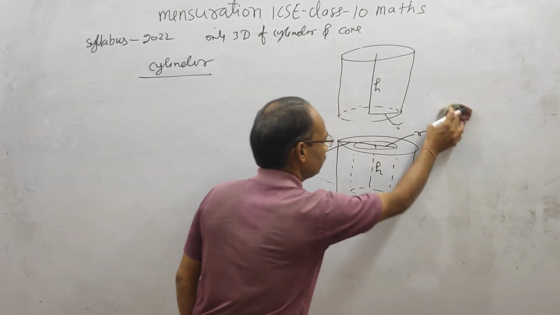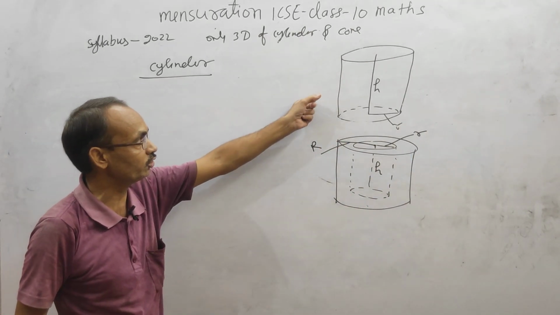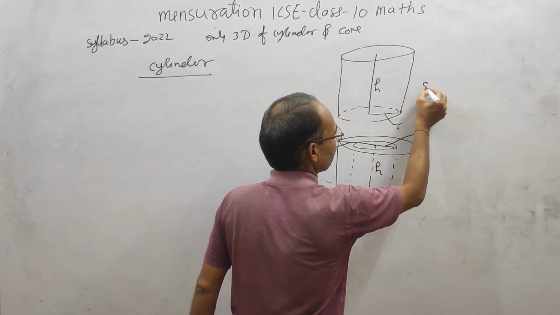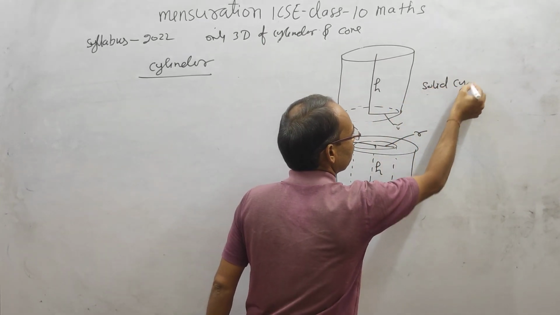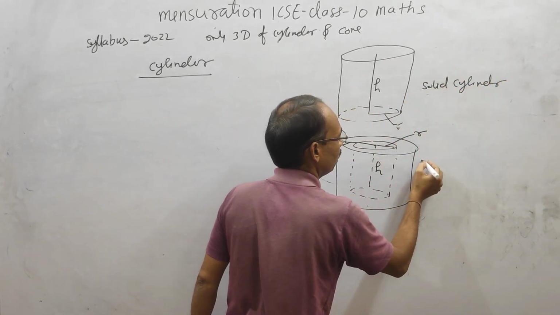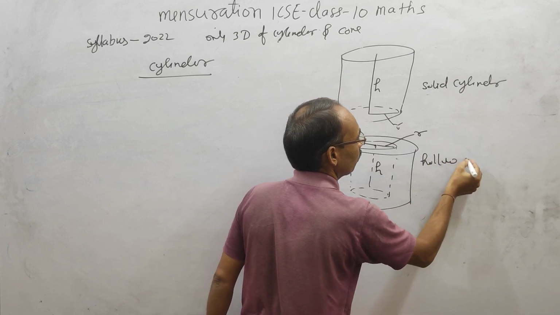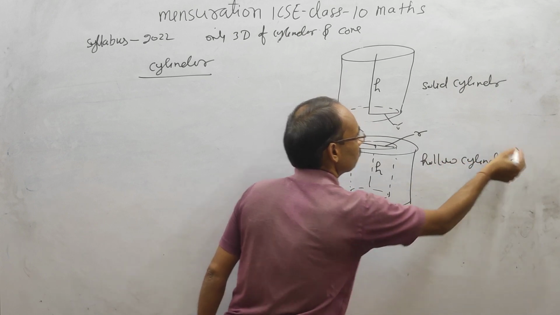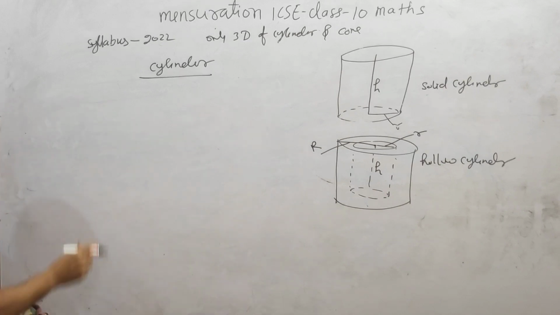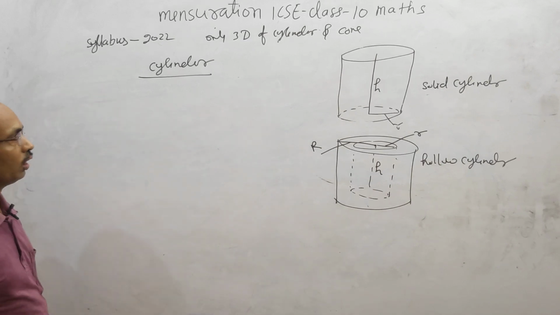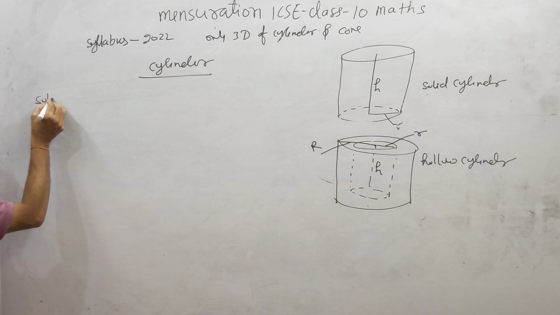First of all we discuss solid cylinder. This is the solid cylinder and this is the hollow cylinder.